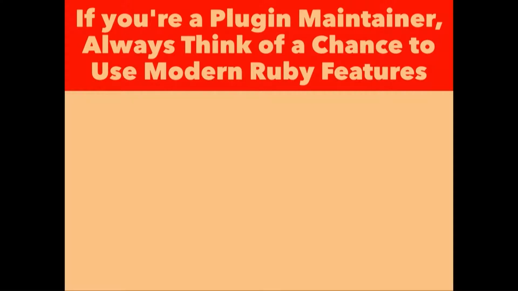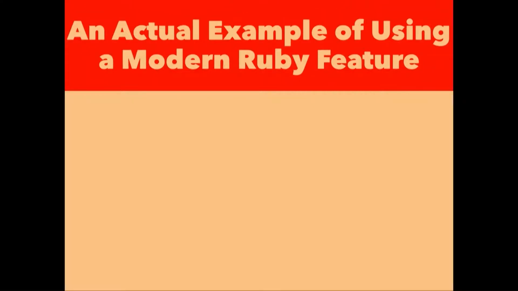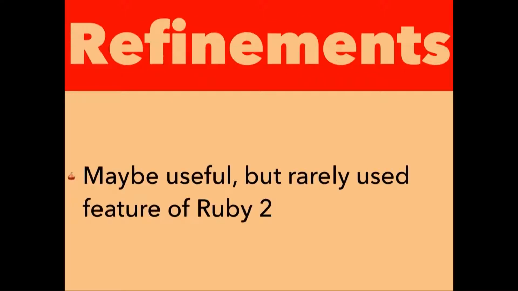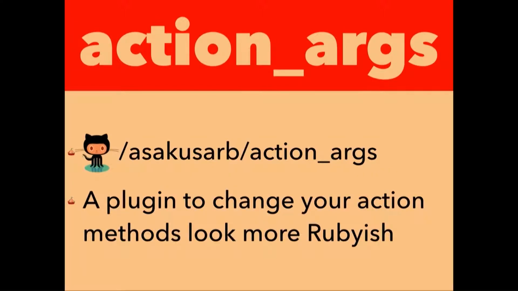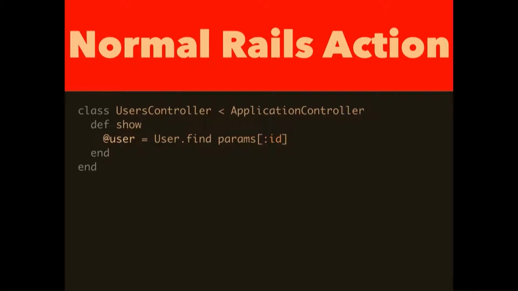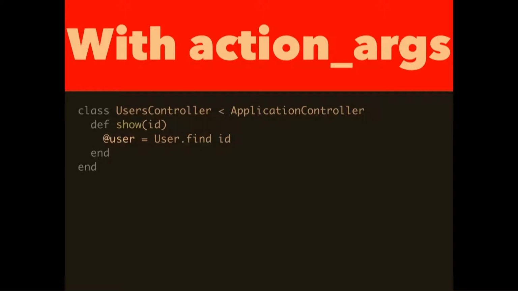Okay. So here's an actual example of using a modern Ruby feature called refinements. I'm going to show you the example from the Action Args gem, which is a plugin that makes your Rails code look very Ruby-ish, right?